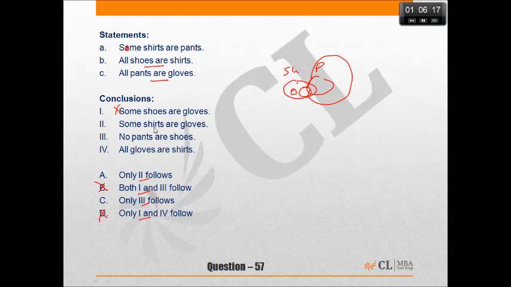So let me look at 2. Some shirts are gloves. Some shirts are pants, and all pants are gloves.